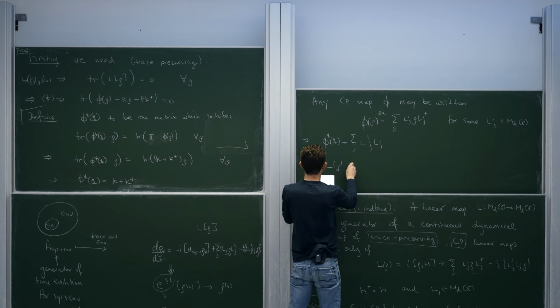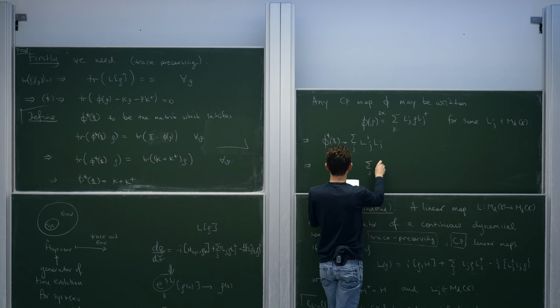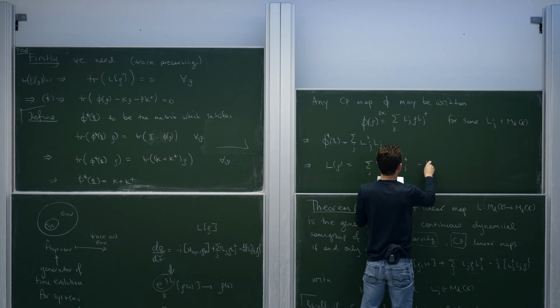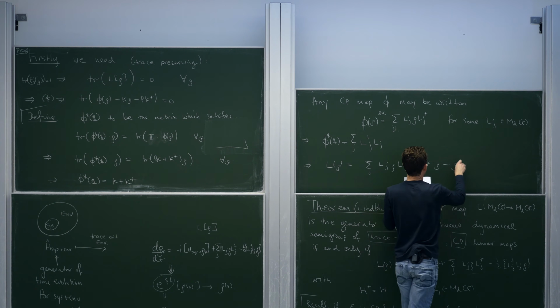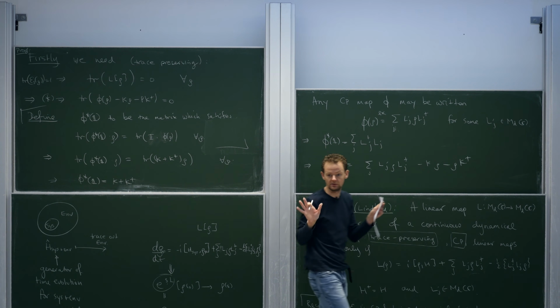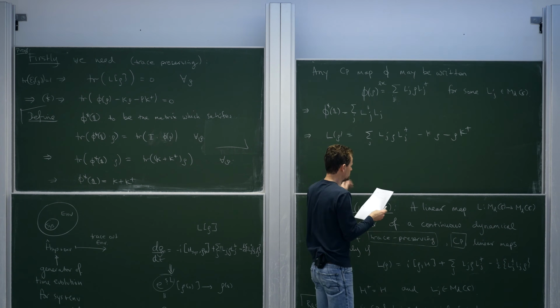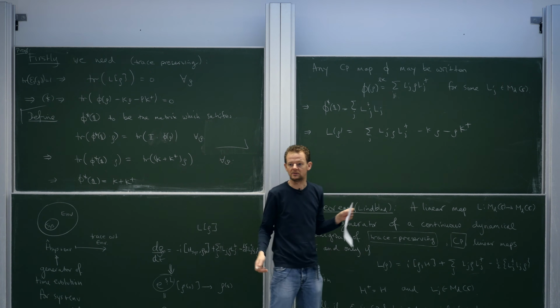So I'll summarize what we now know. We now know that L has this form, minus K rho minus rho K dagger. So far, this is what we know. And actually, I'll just tell you the answer.